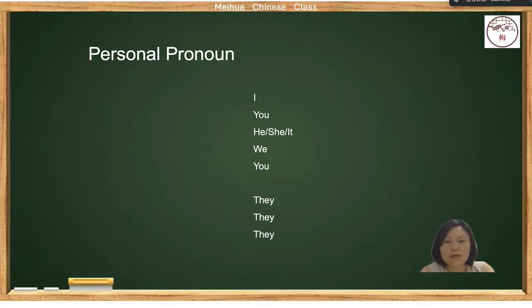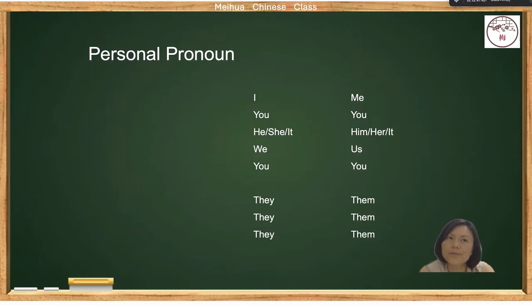Let's see what it is in English. You should know this is the nominative pronoun, right? They work as the subject at the beginning of a sentence. And this group is the another form, right?